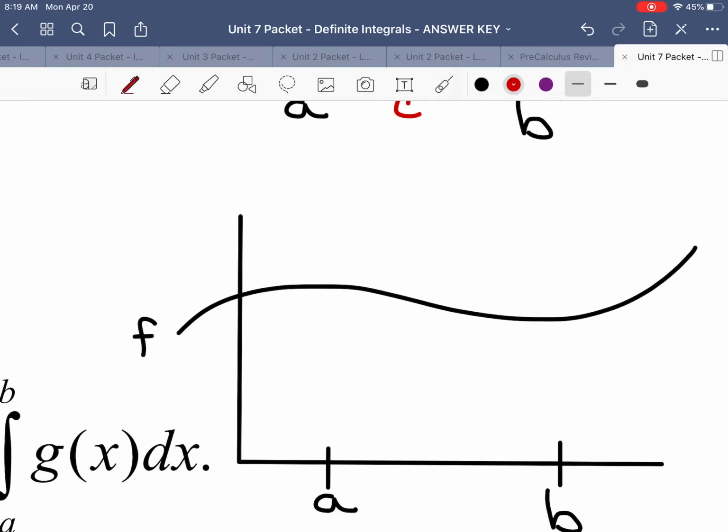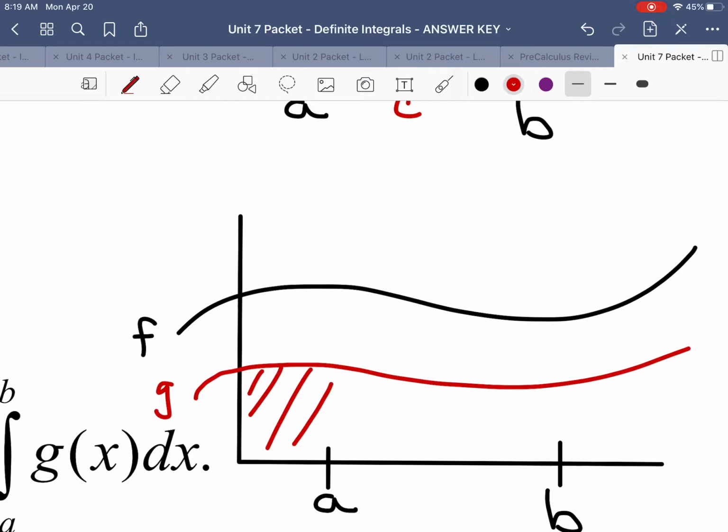I'm going to create a brand new arbitrary function, which I'm going to call g. So f is going to have its own area bounded, but g is also going to have its own area bounded by a and b. I got a little overzealous there.